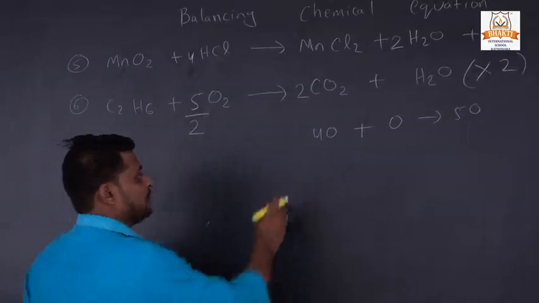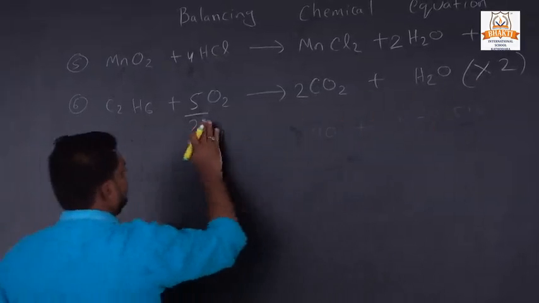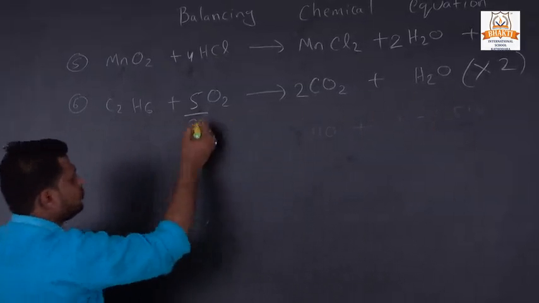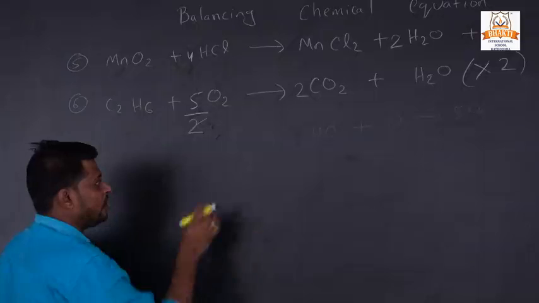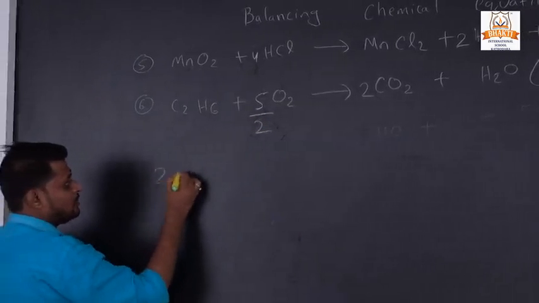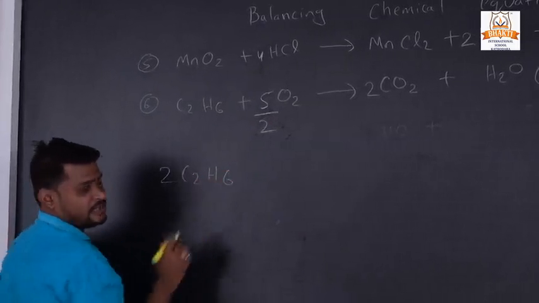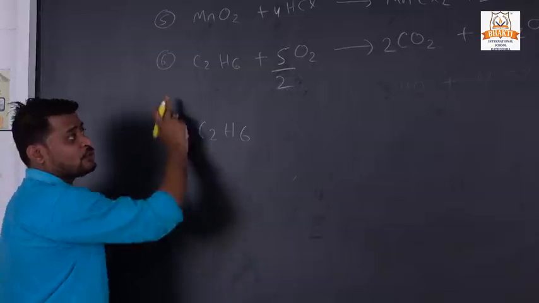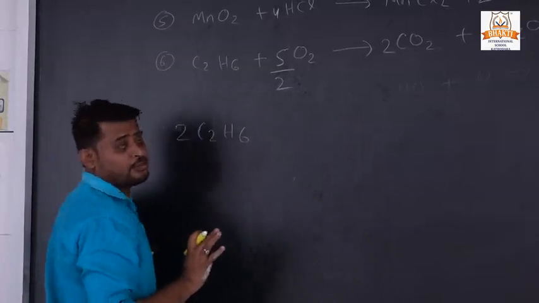Okay, now we will multiply here 2 with whole equation with 2. So 2 and 2 cancel. Okay, so we will multiply here 2 C2H6. Each and every element will multiply with 2, means whole equation will multiply by 2.